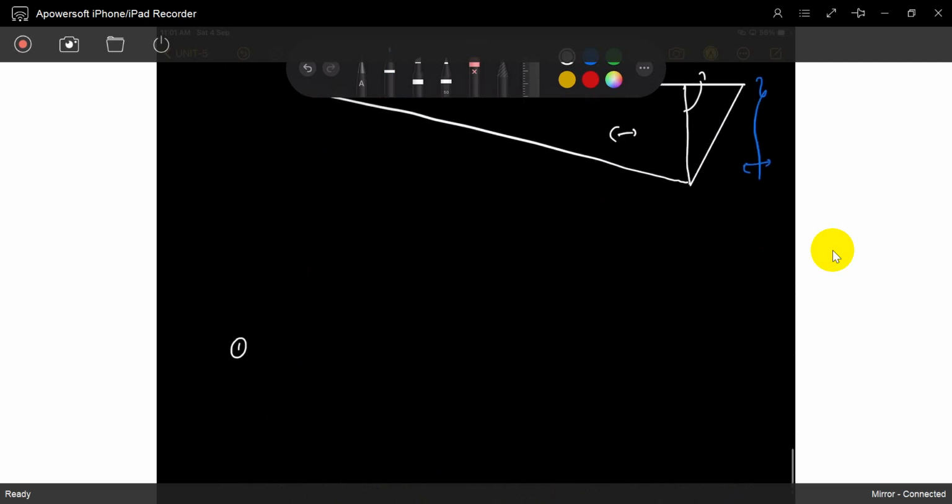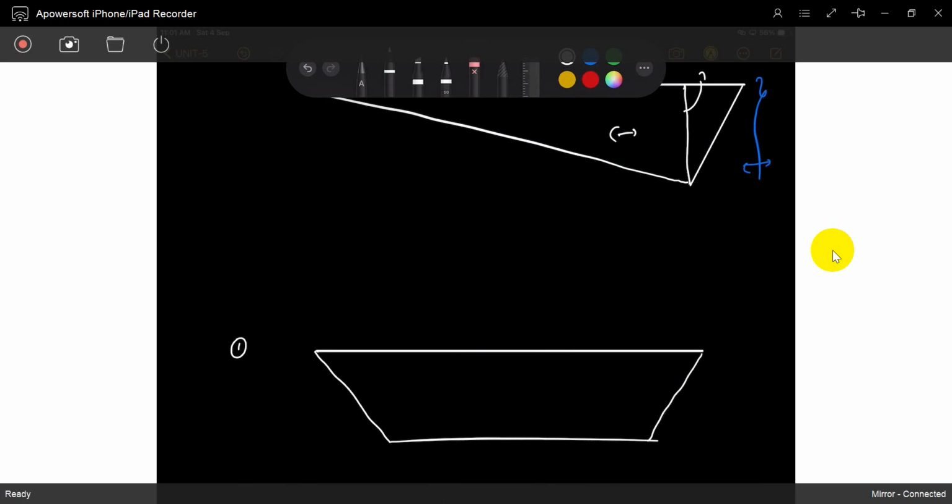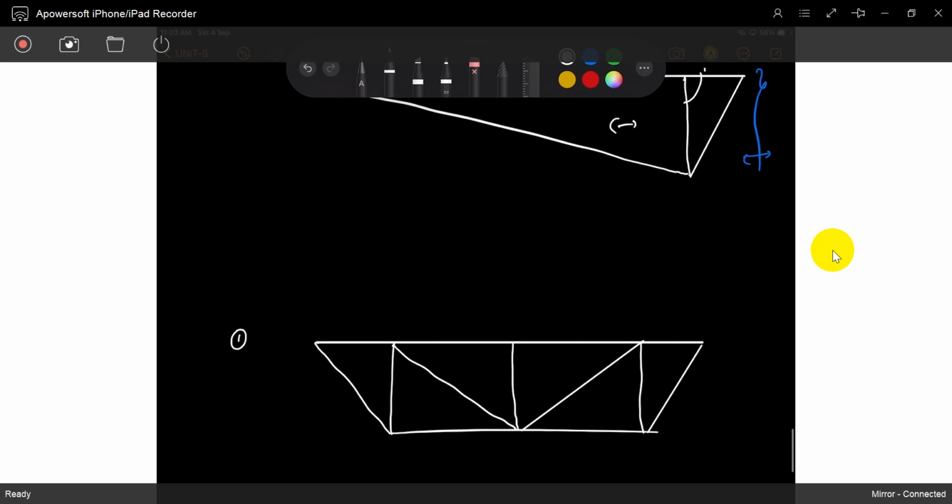So this is a deck type truss. The load is moving here. So now we have to apply load at these positions, and you get reactions also.